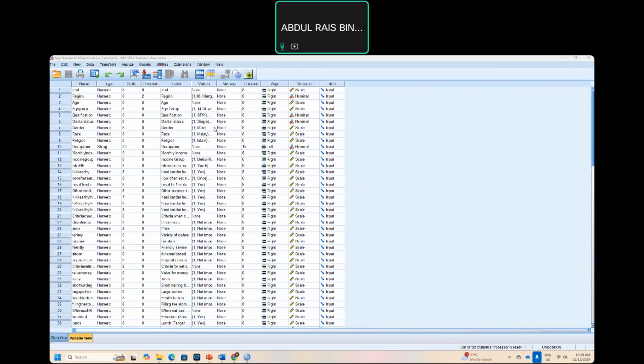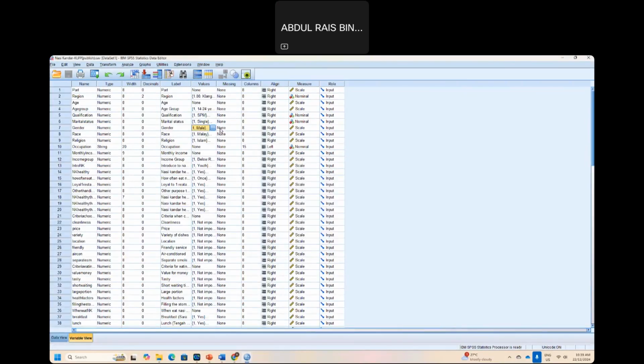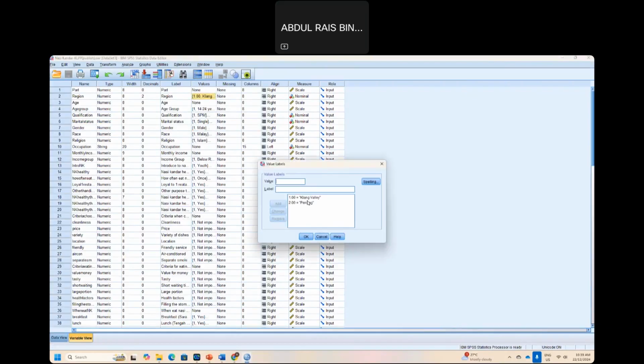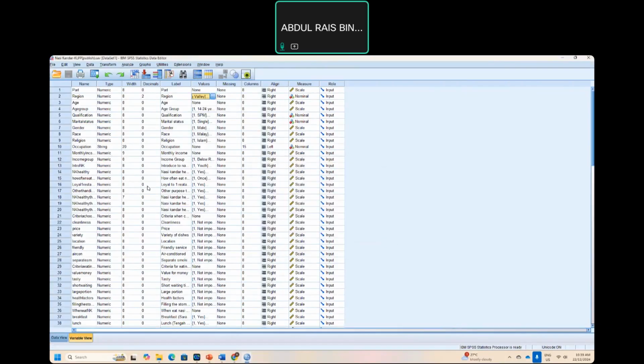Okay, misalnya contoh gender, region, pelanggan tu daripada KL ke daripada Penang.